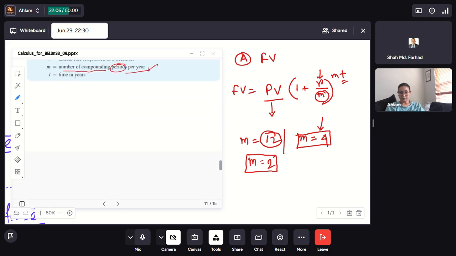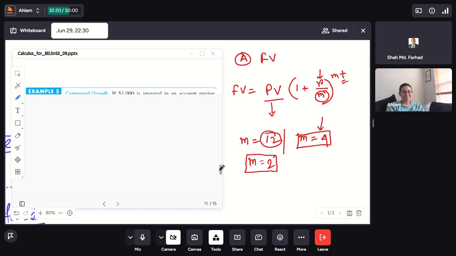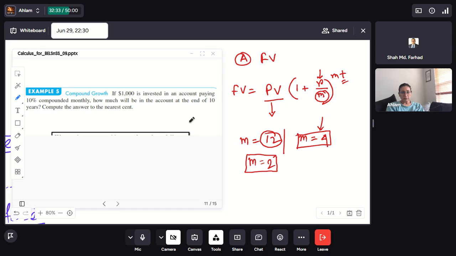So if we use this formula, what will be the solution of this problem?